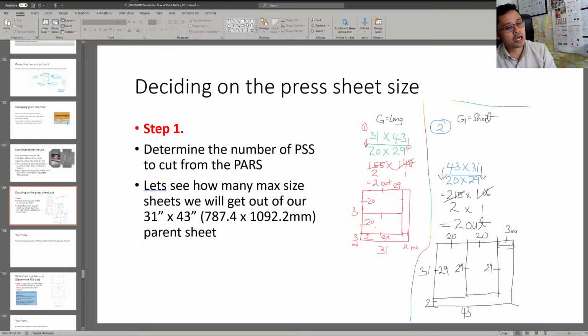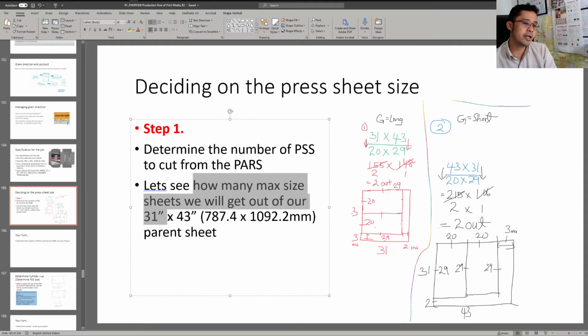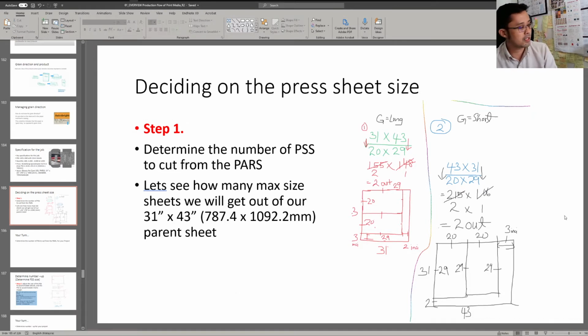In other words, how many maximum sheets will we get out of our 31 inch by 43 inch parent sheet? Kita nak tahu berapa banyak press sheet size ini yang boleh kita dapat daripada parent sheet.